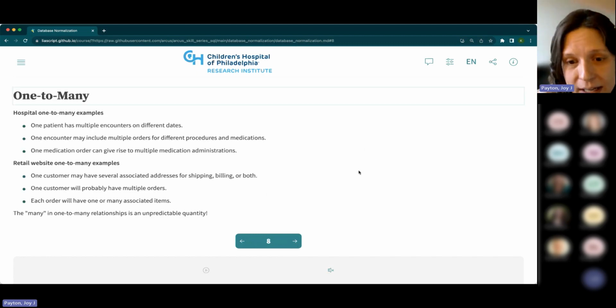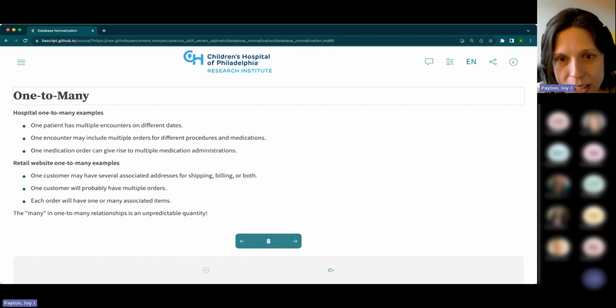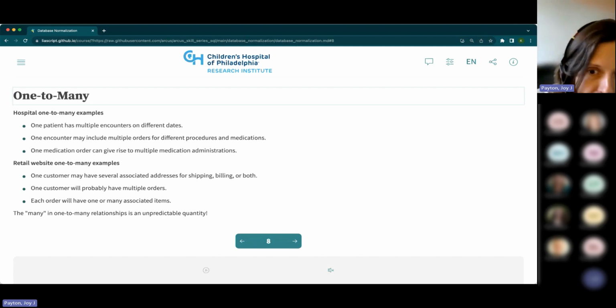There's lots of examples of this in lots of different domains. Medicine is chock-a-block with these one-to-many data relationships. If we consider the hospital, 1 patient might have multiple encounters on different dates, and 1 encounter might include multiple orders for procedures or medications, and 1 medication order can give rise to multiple medication administrations. You can think of a lot more examples.